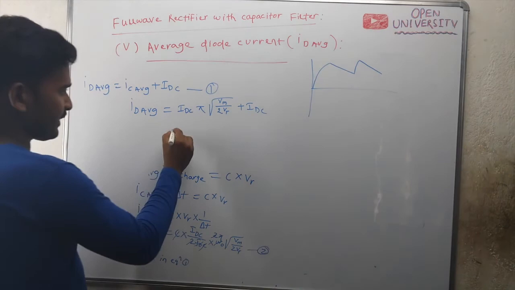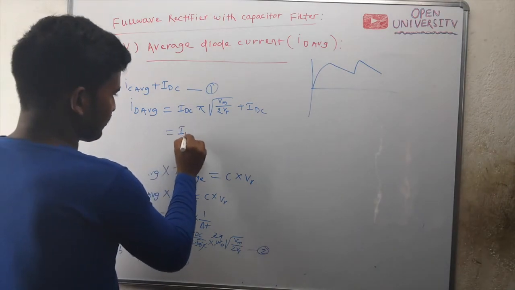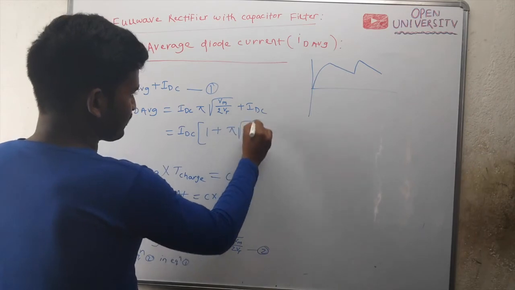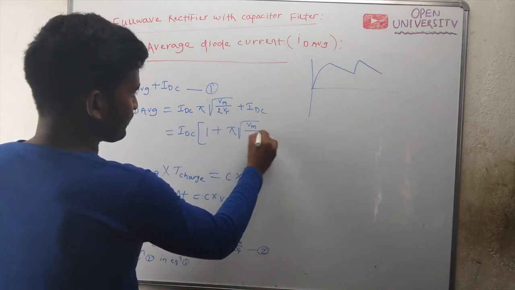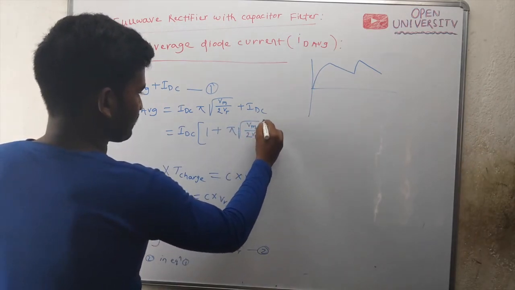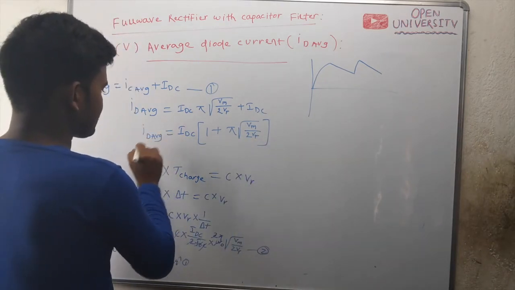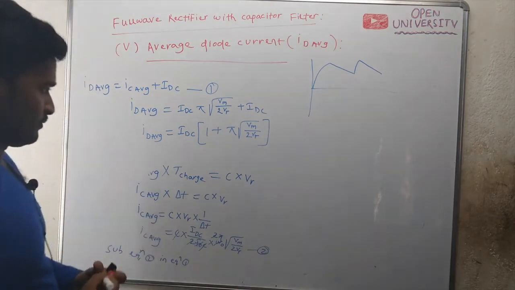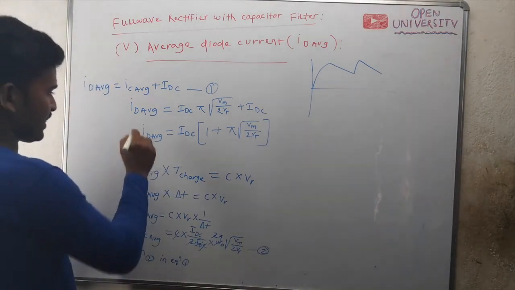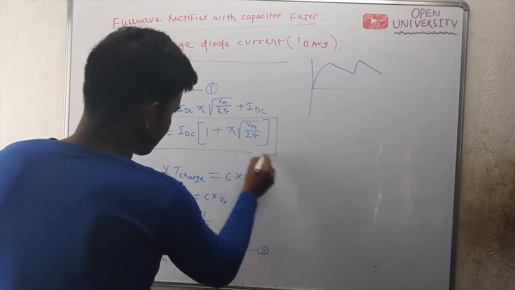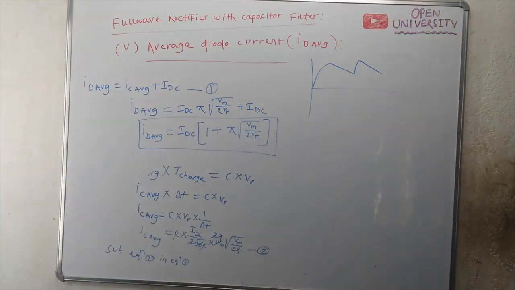If you bring this IDC common, then it will be 1 plus pi under root Vm by 2 VR. This is the formula for ID average. ID average equal to IDC into 1 plus pi under root Vm by 2 VR.